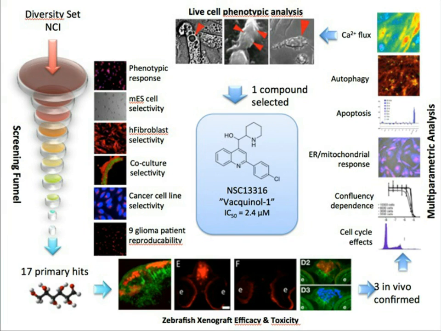So we identified 17 such compounds, and these 17 compounds were again pushed into a pipeline on an in vivo xenograft model using zebrafish, which then identified three other compounds that could eliminate transplanted cells from glioblastoma multiforme.